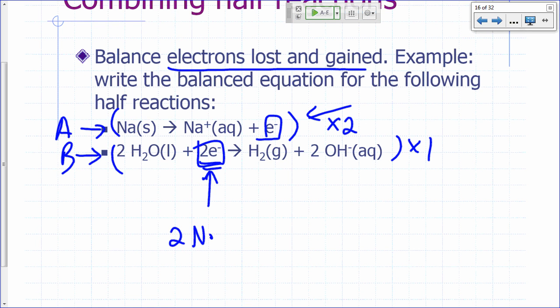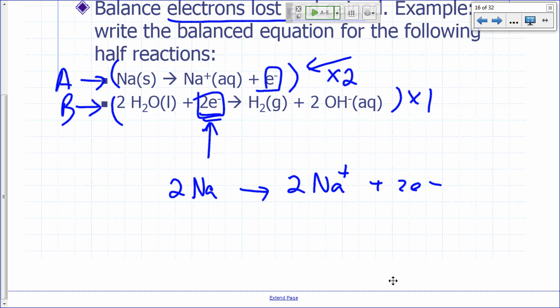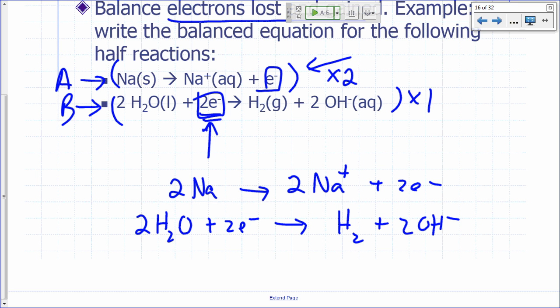I'm going to say 2 Na gives me 2 Na+ plus 2 electrons. And then my second half reaction is the same: 2H2O plus 2 electrons gives me H2 plus 2 hydroxides. And so now I add those two, combine them.